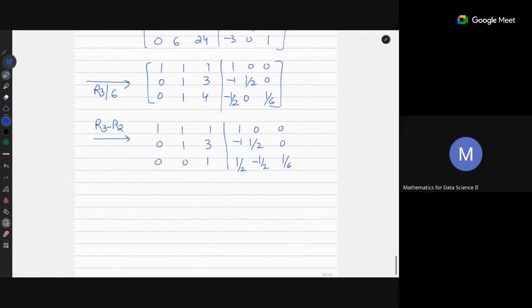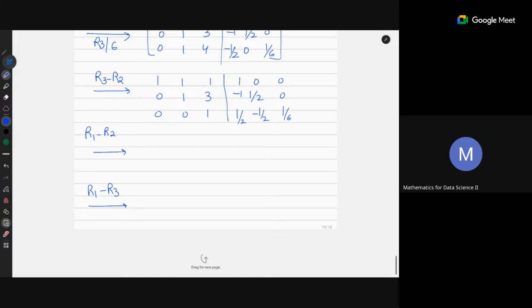And then you can convert into RREF form. So you subtract R1 minus R2, and then you do R1 minus R3.